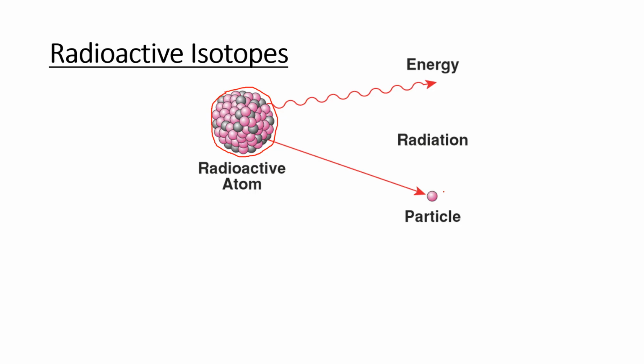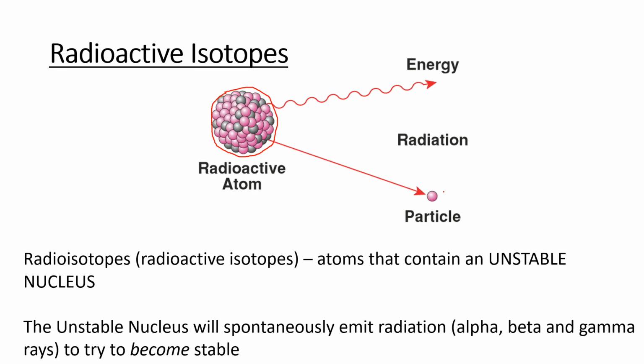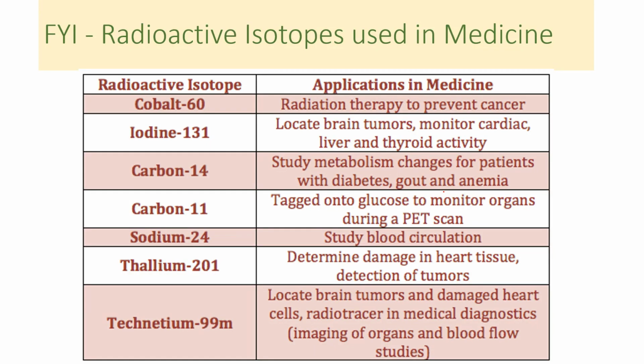Yes, I know it can chunk electrons out of the nucleus. It can change what's in the nucleus and start throwing stuff out. So radioactive isotopes, also known as radioisotopes, are atoms that contain an unstable nucleus. An unstable nucleus will spontaneously emit radiation such as alpha particles, beta particles, and gamma particles to try to become stable.